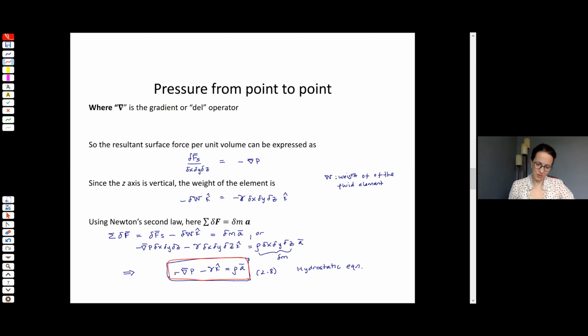So instead of calling it a hydrostatic equation just yet, let's call it the equation for a fluid with no shearing stresses, because we haven't assumed the acceleration is equal to 0. The truth is, in practice, we usually do assume that the acceleration is 0, but we haven't done that just yet.